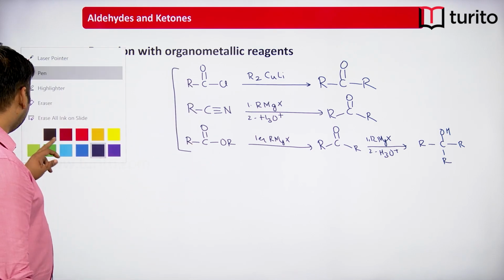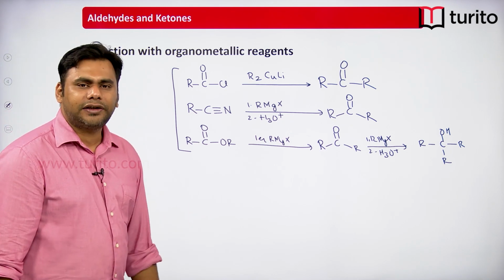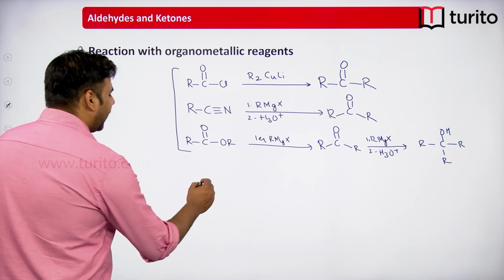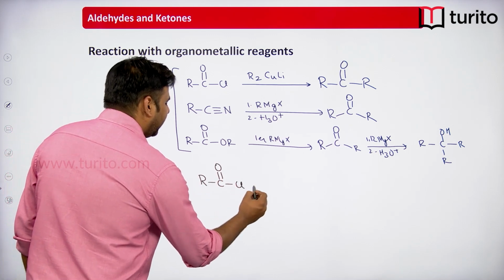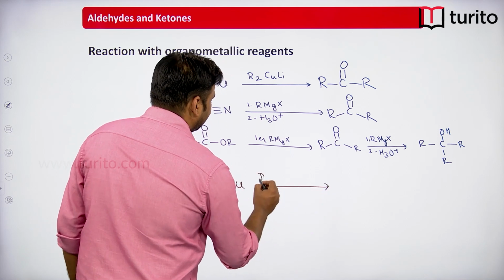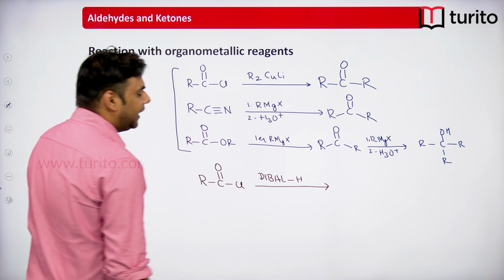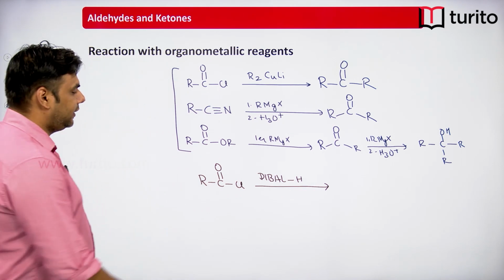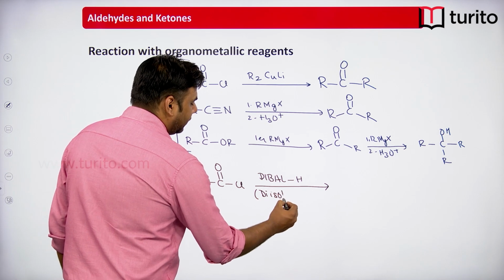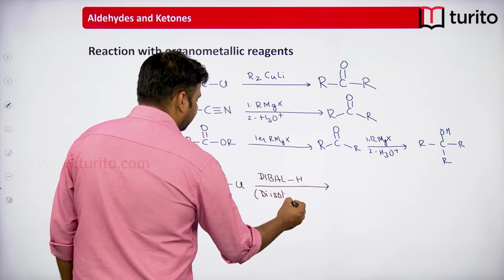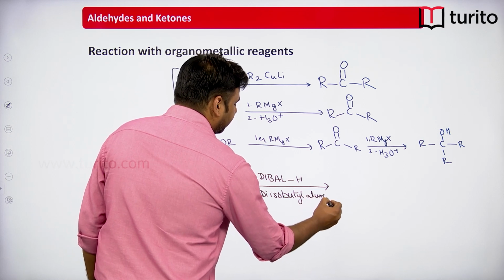Now we can also carry out the preparation of aldehydes and ketones through reduction. If we have an acyl chloride and we react it with DIBAL-H, DIBAL-H is basically di-isobutyl aluminum hydride.